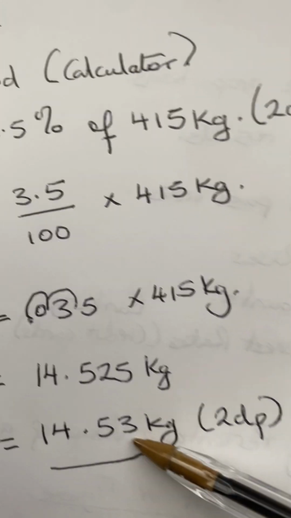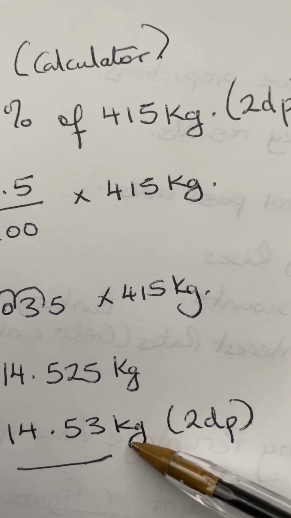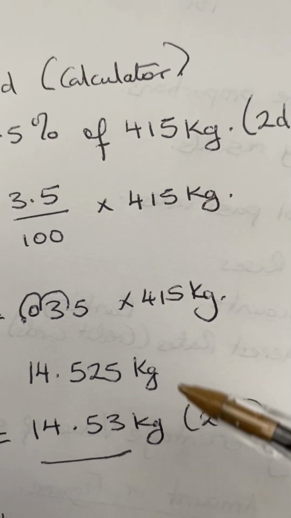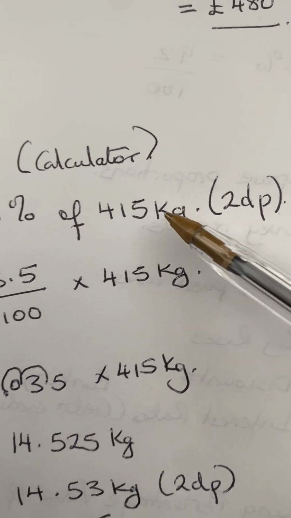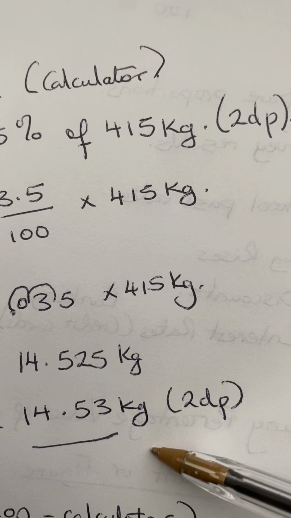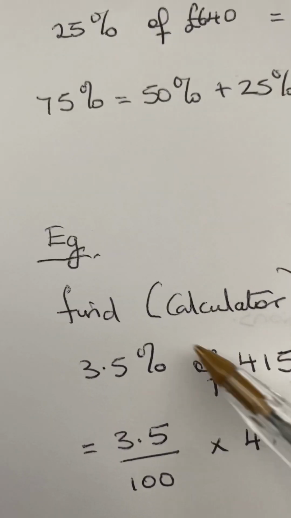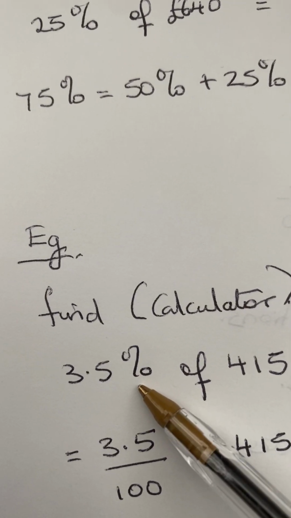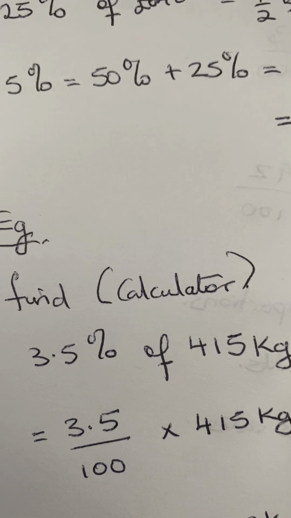Okay. If here you write pounds, you are wrong, because it means you are not following what you are doing. The question is in kilograms, so you leave your answer also in kilograms. Now let's look at it. 3.5% of 4.1 kilograms.